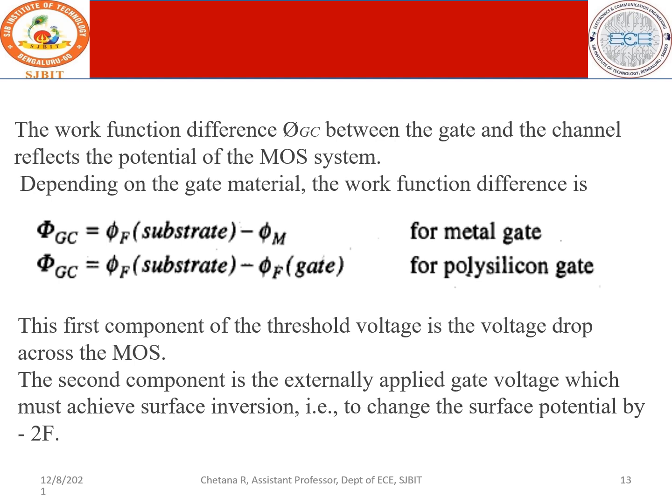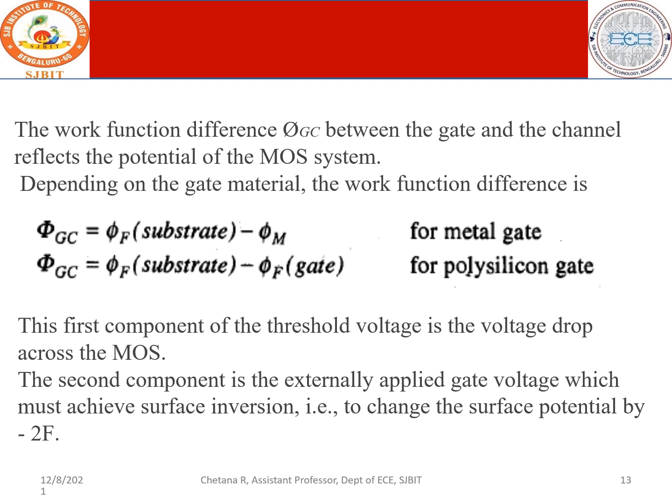So as I told, the work function difference is phi GC, where G is the gate and C is the channel. So the work function difference between the gate and the channel is given, and this is how it is. So one is your gate and the other one is your channel. So it depends on what type of gate material you are using. Earlier days we had metal used for the gate, but nowadays we have polysilicon.